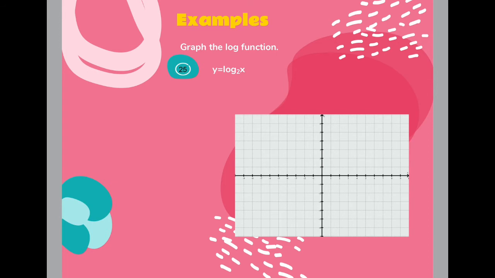So if we look here, it says graph the log function. We're going to set up our t-chart similar to what we did for exponential, except we are plugging in to the y this time. I'm going to take this equation and convert it into exponential. 2 picks up the y, and I'd get 2 to the y equals x, and then I'm going to plug in my values of y.